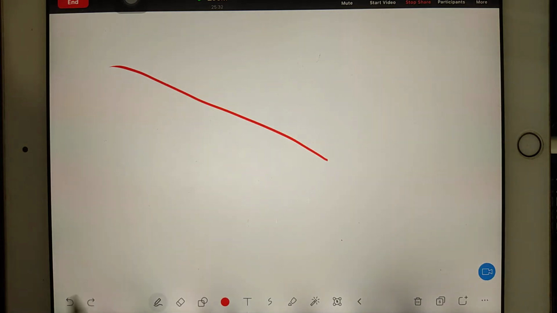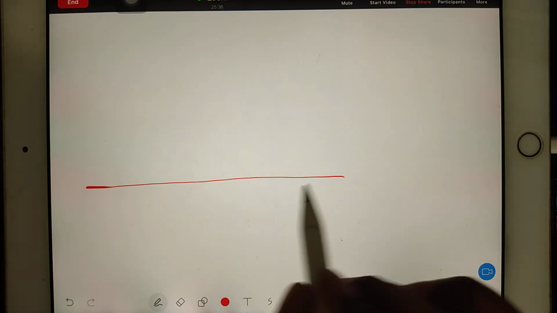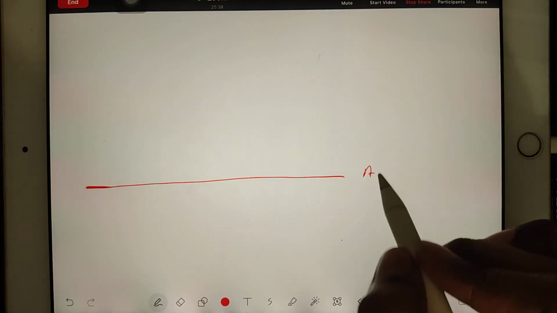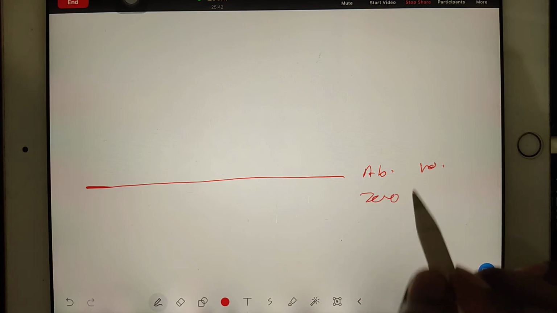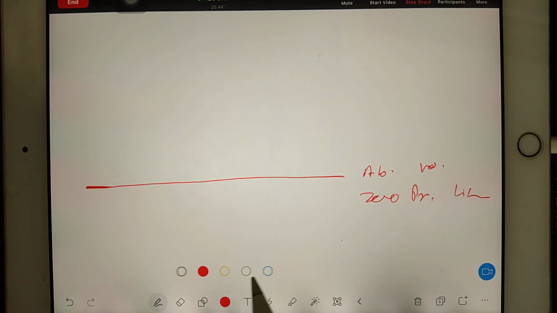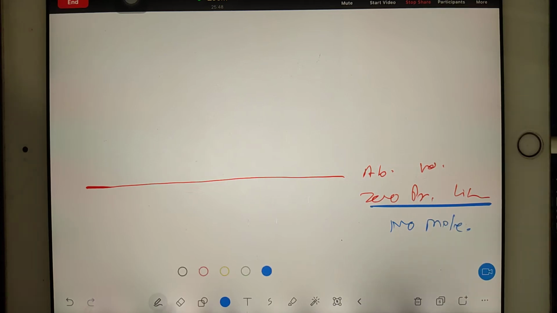If there is no molecule present, then that line I will explain like this. This line I will call absolute vacuum, or you can say zero pressure line. Zero pressure line means no molecules, no molecules, so zero pressure.